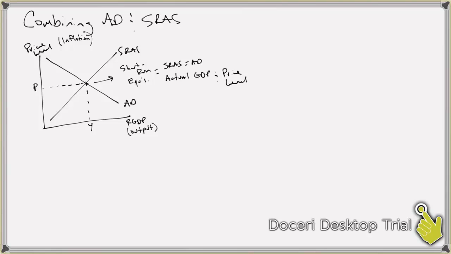Okay, now we're going to talk about two different examples using the aggregate supply and the aggregate demand graph. So let's use example 1. And we're going to call this a demand shock. Now, demand shock really is just fancy for any scenario that could change our aggregate demand.